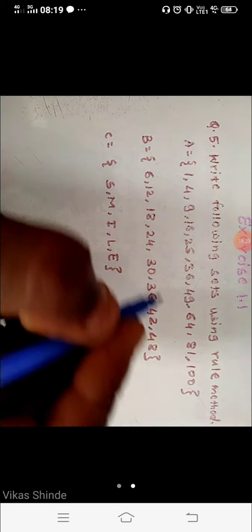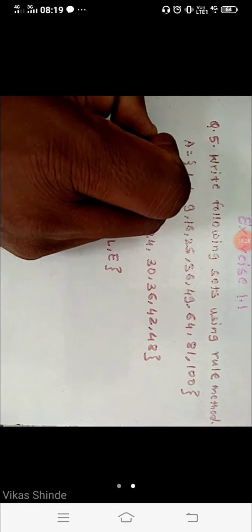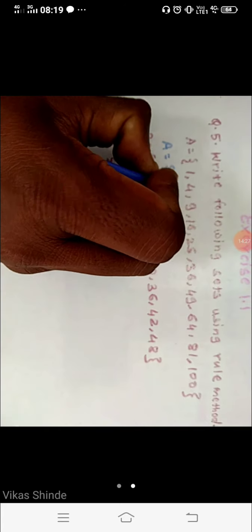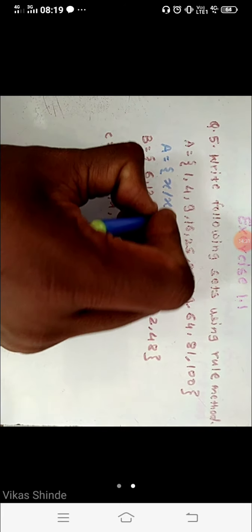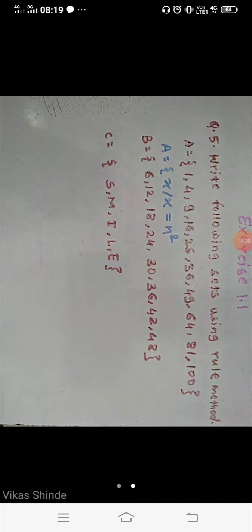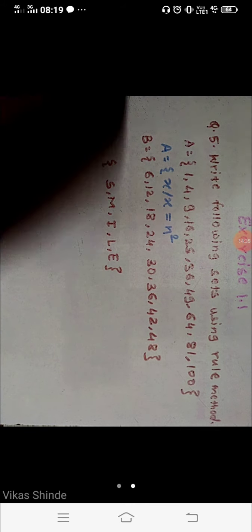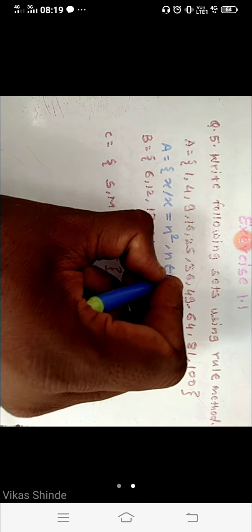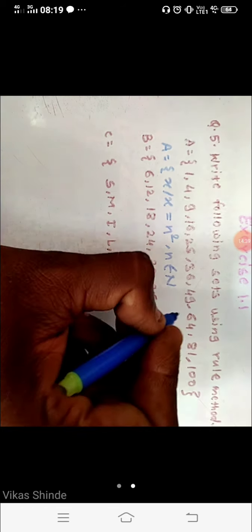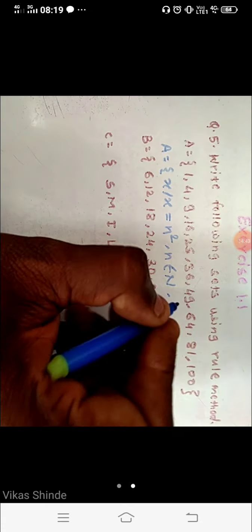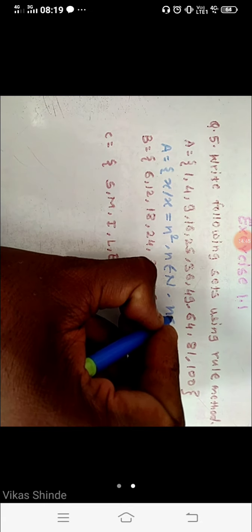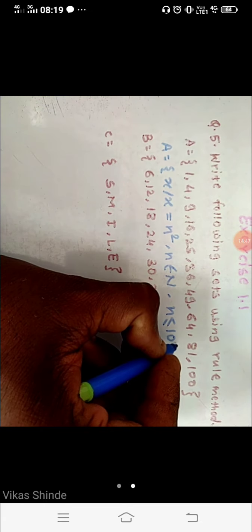So that's why we have to write in our answer A is equal to, inside a curly bracket, x such that x. Which type of number are these? These numbers are the perfect square numbers. So we have to write here perfect square number means n square. And this n belongs to natural numbers here. All these numbers are less than 10 here. So we have to write here that n is less than 10 here.